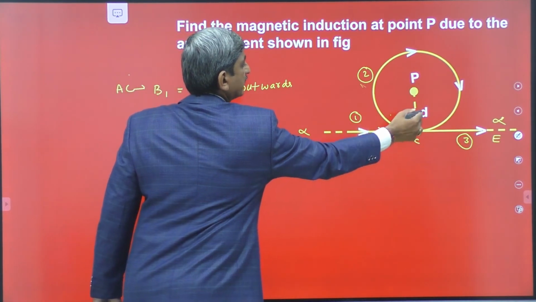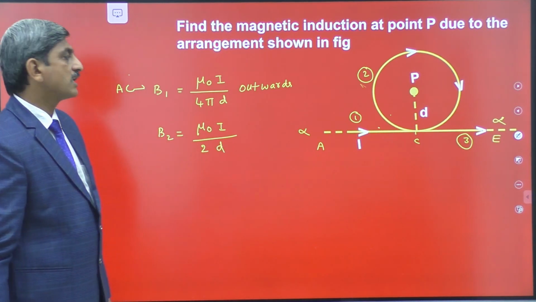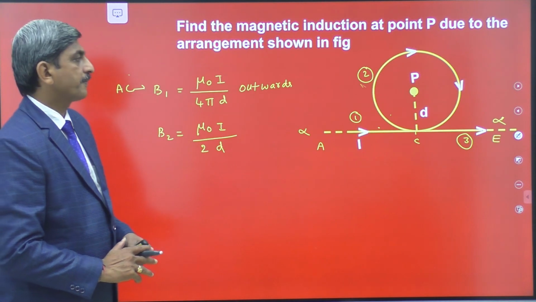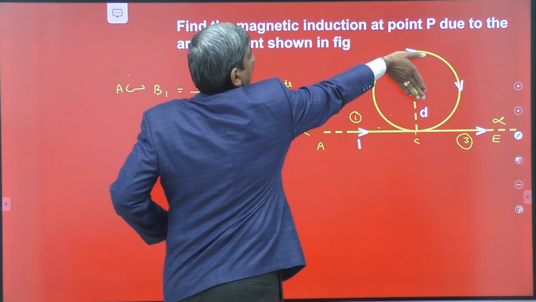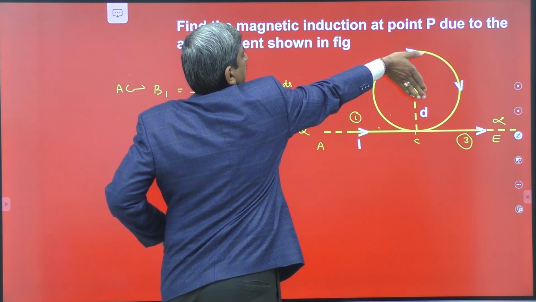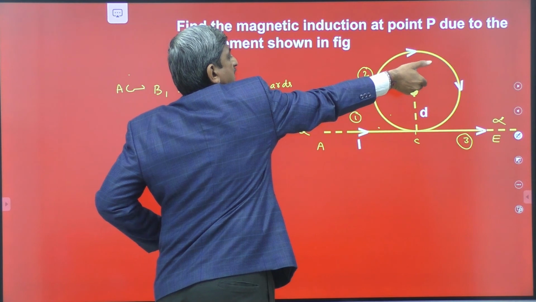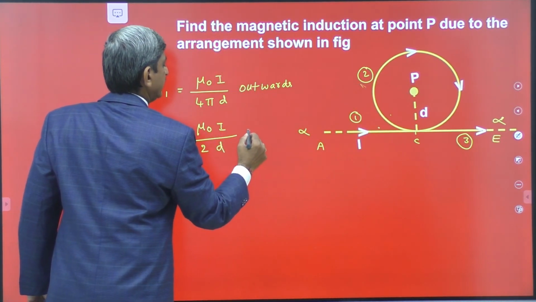Here the radius of the circle is equal to d, that's why B2 is equal to mu naught I divided by 2d. And what is the direction of the magnetic field? Here the current is flowing in the coil along this direction, so if we open the thumb finger in the direction of the current and curl the curling fingers entering into the board, that's why it acts inwards.